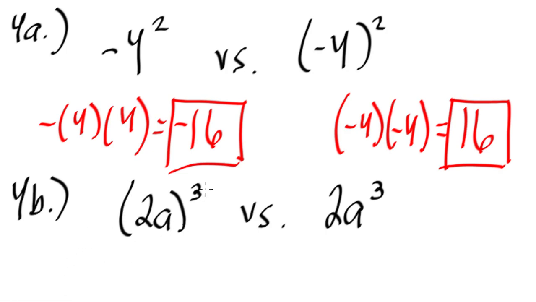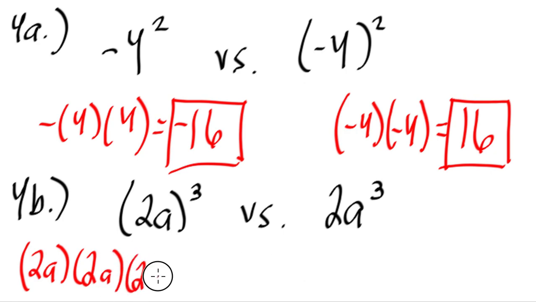Quantity 2a cubed means we are cubing the 2a, the whole expression, including the coefficient. So this would look like 2a times 2a times 2a. This is going to give us 2 times 2 times 2, which is 8, and a times a times a is going to give us a cubed.